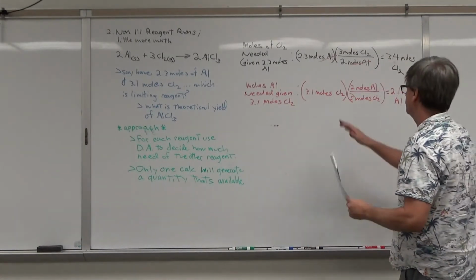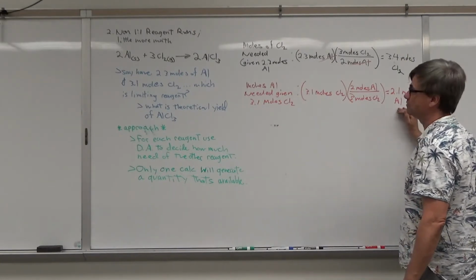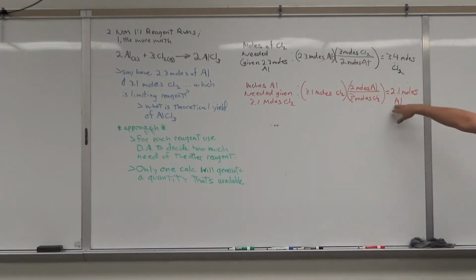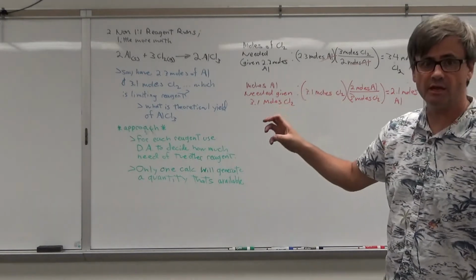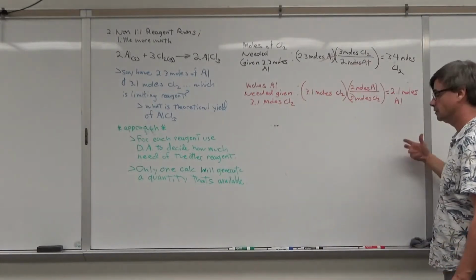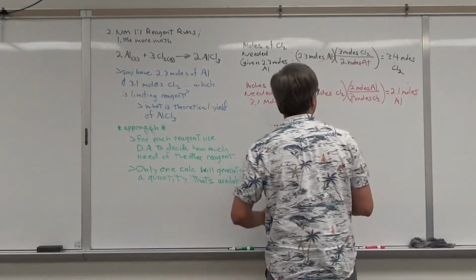So chlorine is our limiting reagent, or better put, we have more than enough aluminum to do that. I've got 2.3, we only need 2.1. This is the reagent in excess. And again, the limiting reagent is the one that is going to dictate your theoretical yield. You can only make 5 hot dogs, based on the 5 dogs.